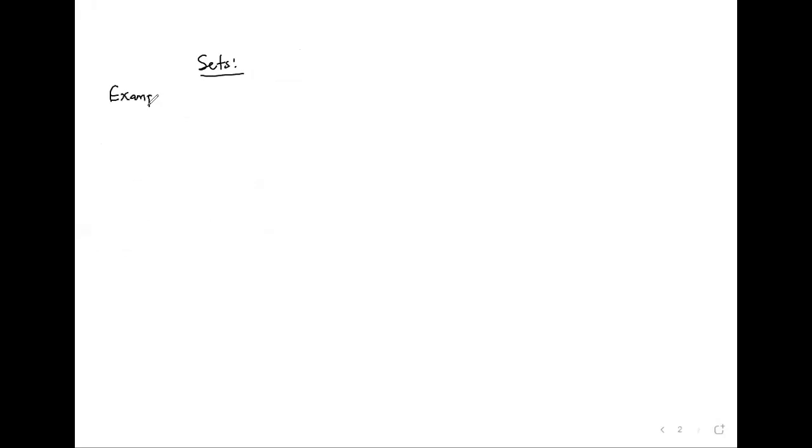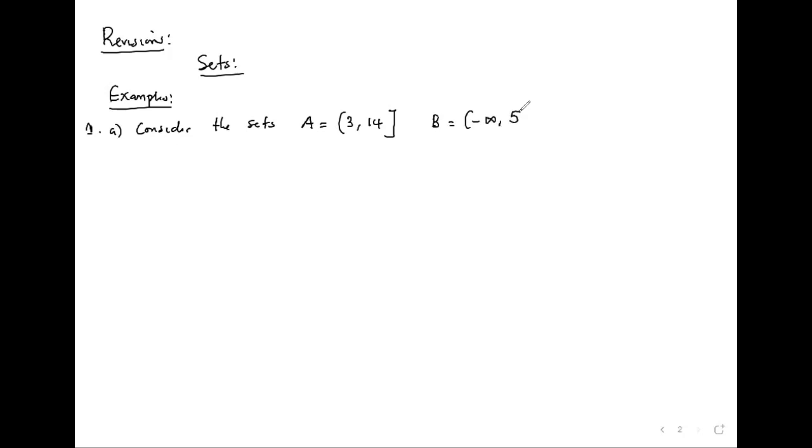Examples. So 1, consider the sets A, 3 to 14, this is included. B, negative infinity to 5.